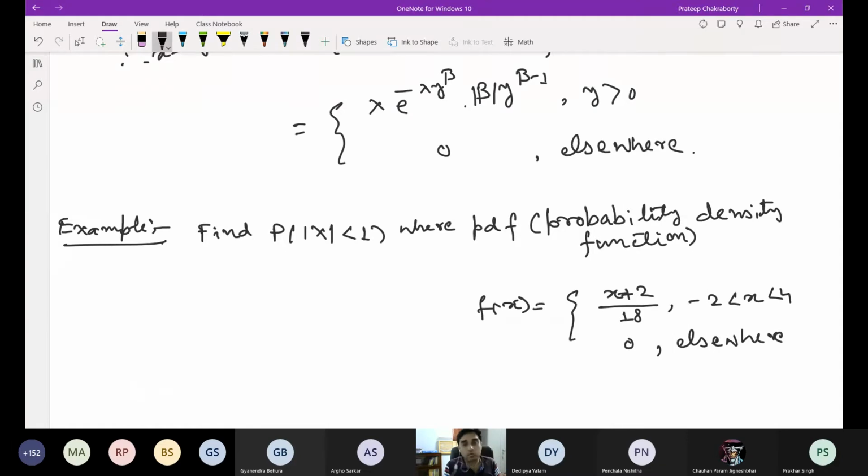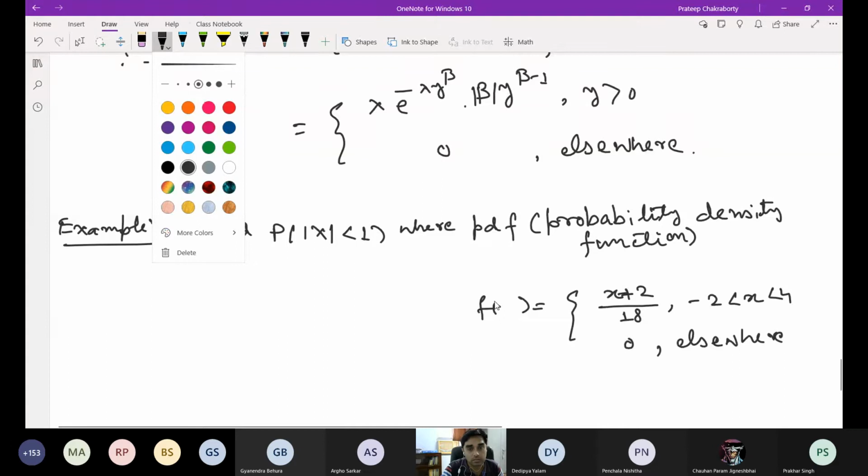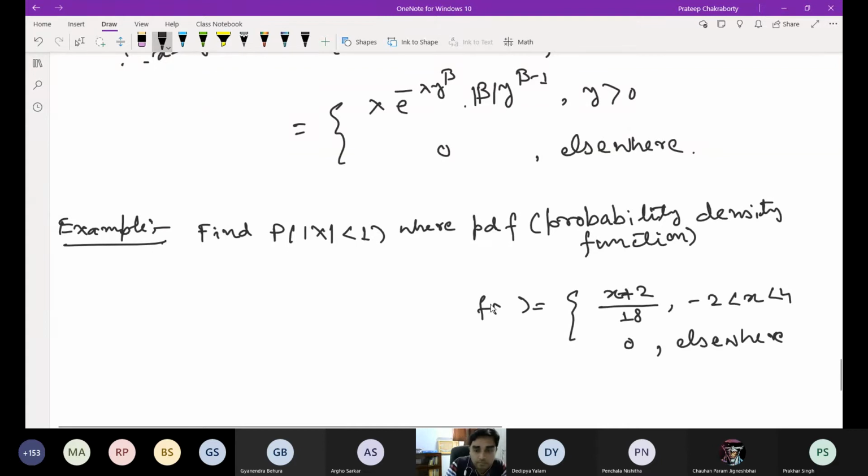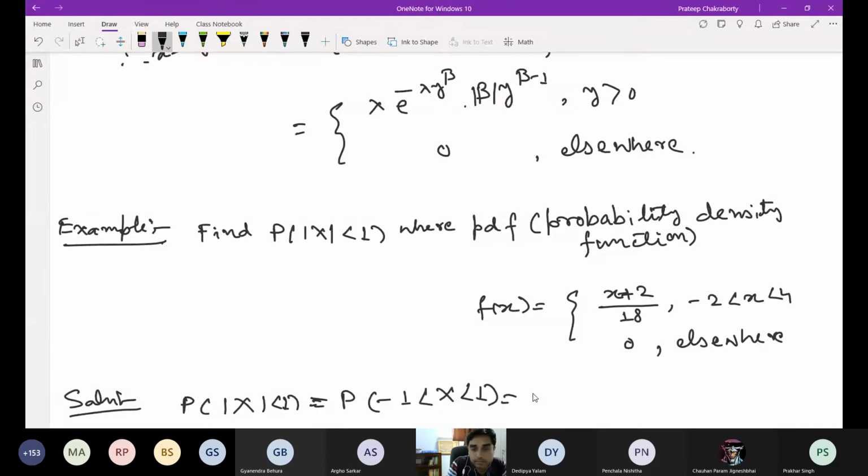Okay, so anyone want to tell me how to do this? How to find the probability of mod x less than 1 when the probability density function is given? Okay, so P of mod x less than 1 is nothing but P of minus 1 less than x less than 1, which is F of 1 minus F of minus 1.